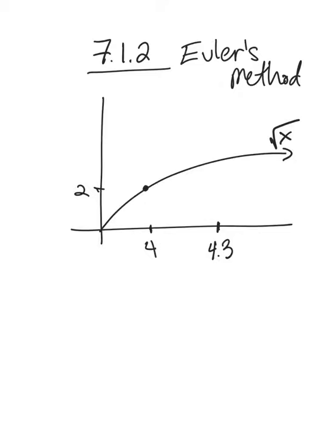And we're going to create a tangent line at that point to help us figure it out. Thing is, from here to here, look at what happens to the tangent line and our answer. We end up getting a really, really big gap. So Euler said, well, what if I use this tangent line to help me figure out something closer, like 4.1, and then I can make a tangent line from there.